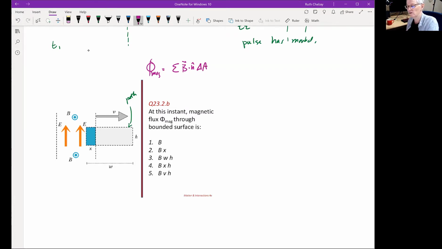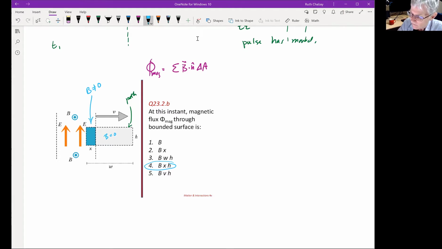But remember, that's the area where the magnetic field is non-zero. All right. So you say 4 is correct. In fact, that is the magnetic flux, because we have to sum up B dot n hat delta A.